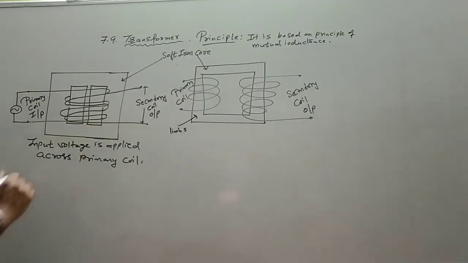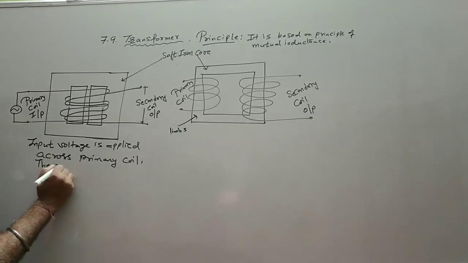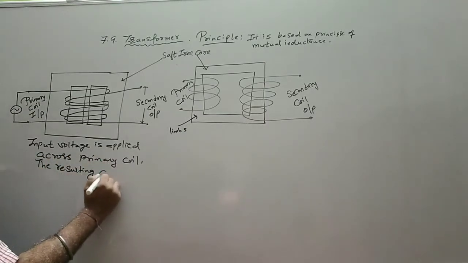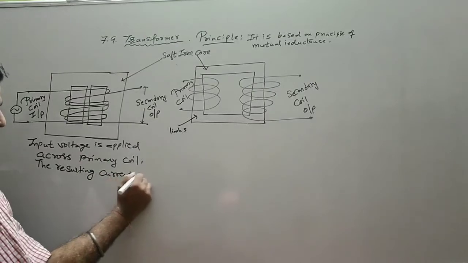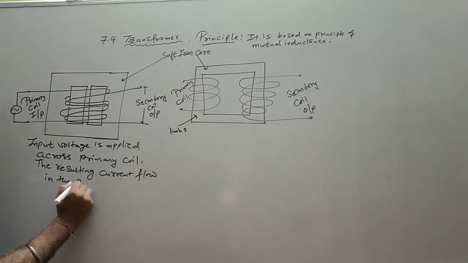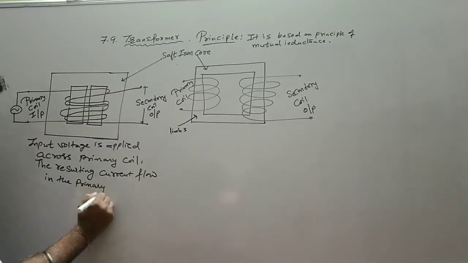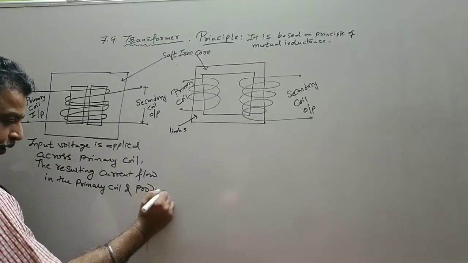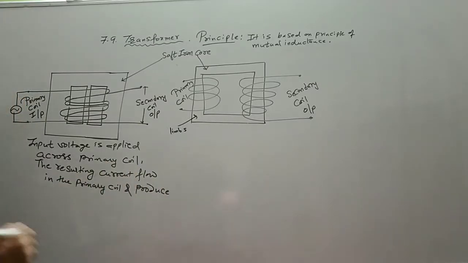Now when the input voltage is applied, the resulting current flows in the primary coil and produces magnetic flux.